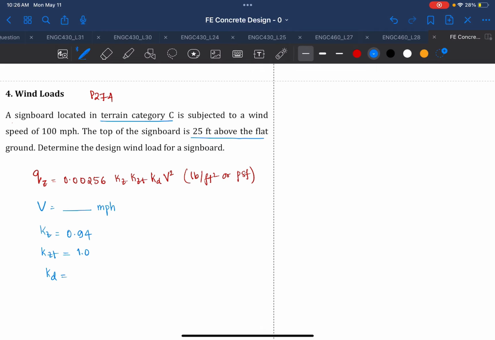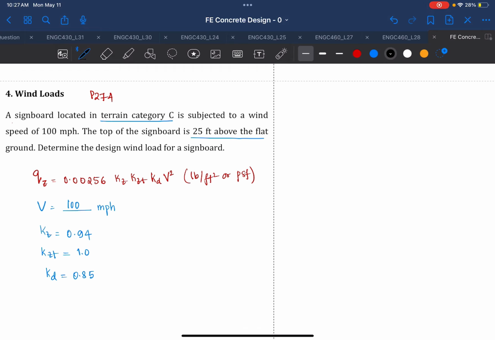And then KD is your wind directionality factor, and it is given in the FE manual. It's 0.85 for most structures. Again, if it's not given in the question, you can use the value in your FE manual. Otherwise, sometimes the question provides you what KZT and KD are. And then the basic wind speed, again the unit is very important. It's given as 100 miles per hour.